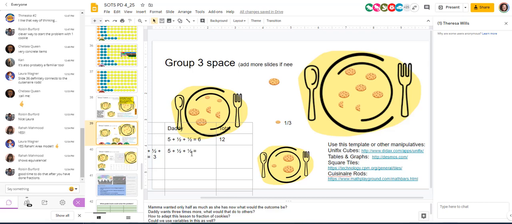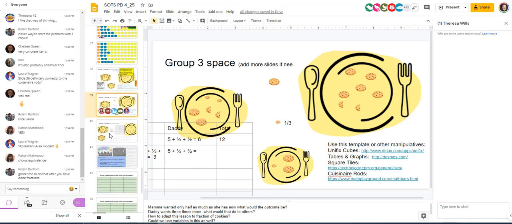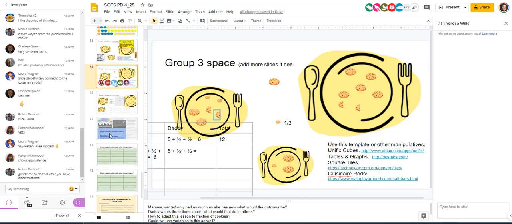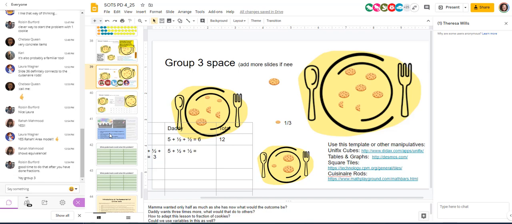So this is Tamika. I think this was our group. We were basically middle school, 6th through 8th grade, and we were trying to make it a little bit more rigorous to include fractional parts, so that students could use what they know about fractions to solve this problem. So we were thinking halves, and then we were like, well, what about thirds? So we were kind of toying with the whole idea.